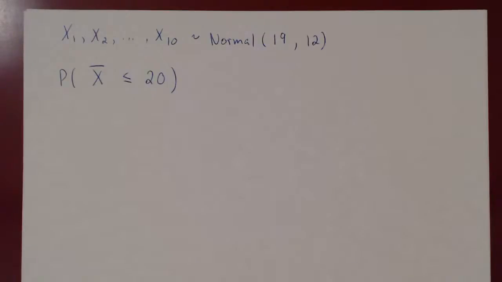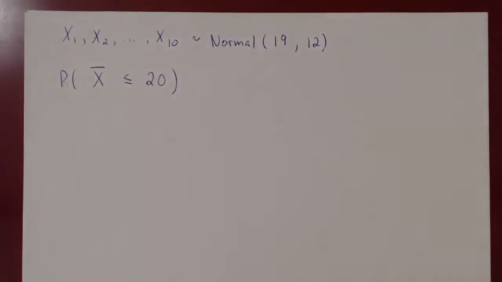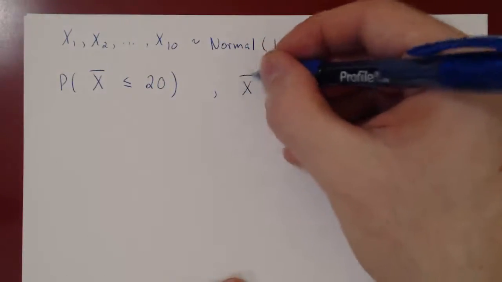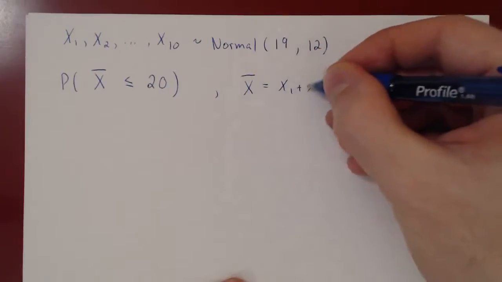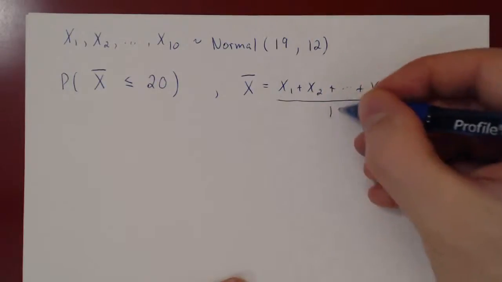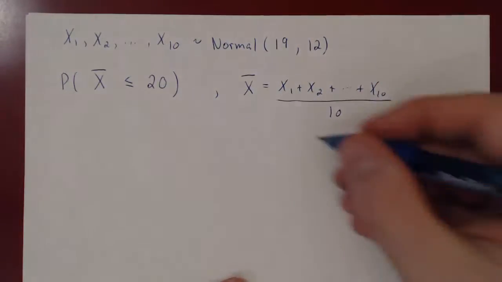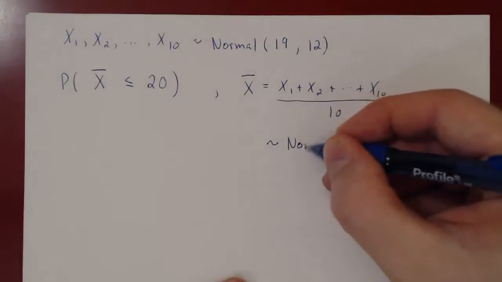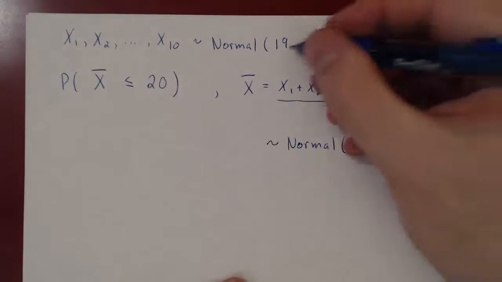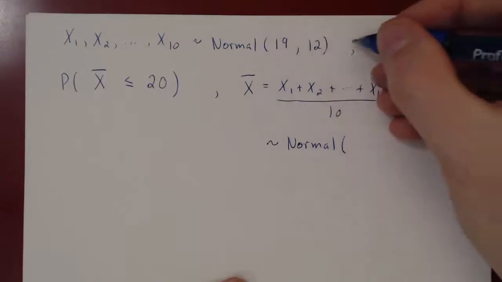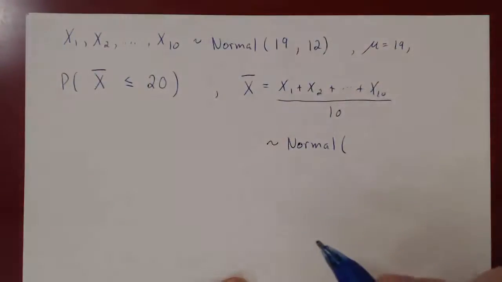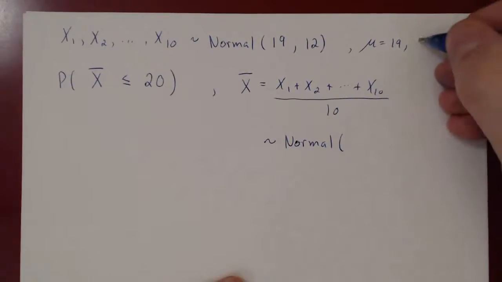Then all we need is the distribution for x bar. Again, x bar is just the average, so we add these 10 random variables and we divide by 10. And if you remember, this also follows a normal distribution. Now here, your mean is 19, and the deviation of each random variable x1 through x10 is 12.